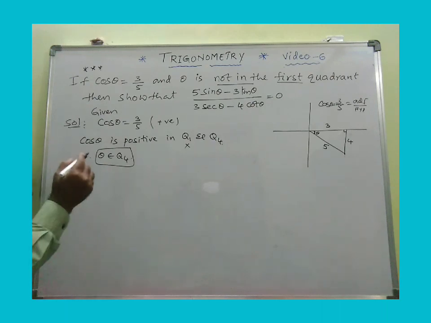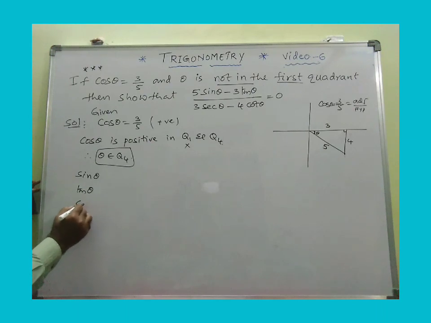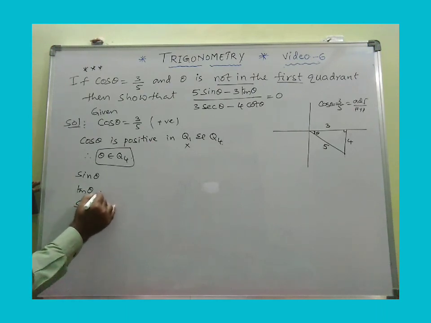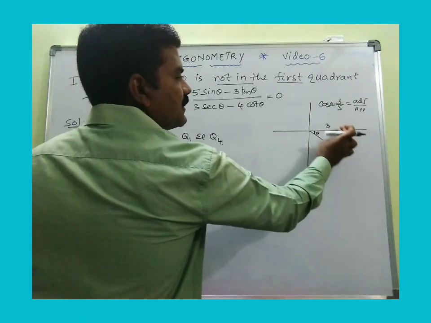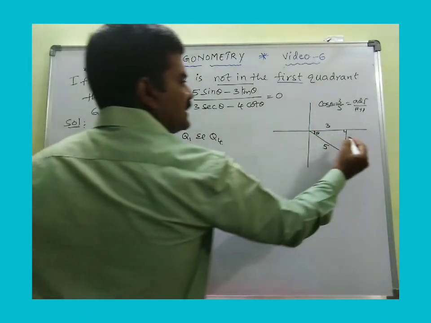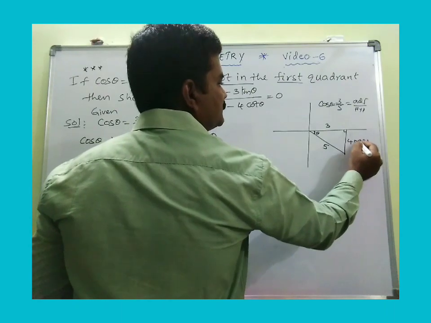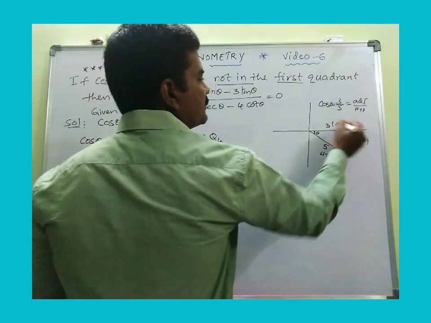Now, to enter into this problem, I want to know the value of sin theta, tan theta, secant theta, and finally cot theta. These values are required. Listen my dear, sin theta means opposite by hypotenuse, isn't it? Clearly this is the opposite one, this is the hypotenuse and this is the adjacent one.